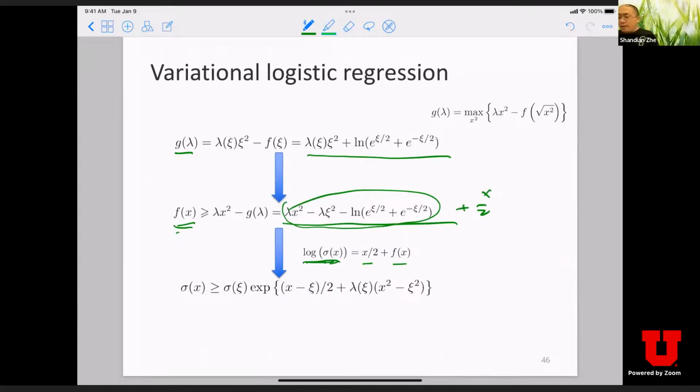Then if you take the exponential on both sides, you get your lower bound of the sigmoid function, which is here.